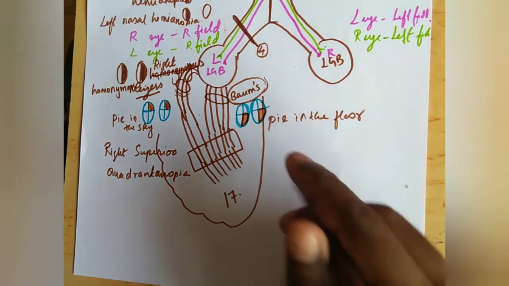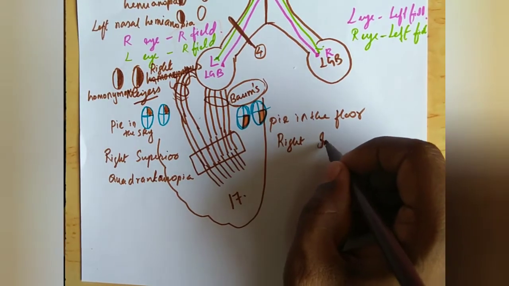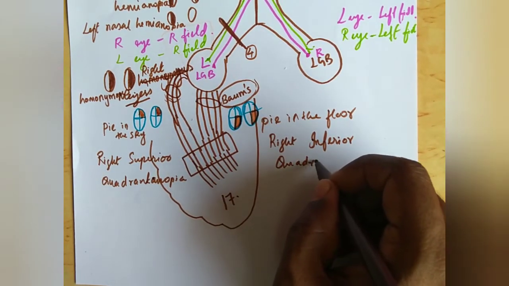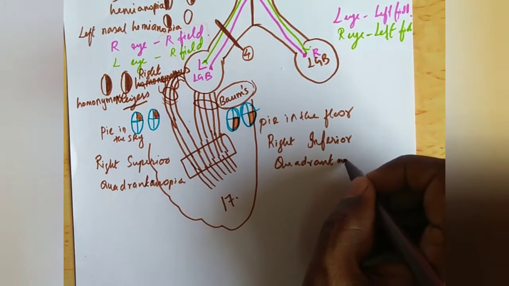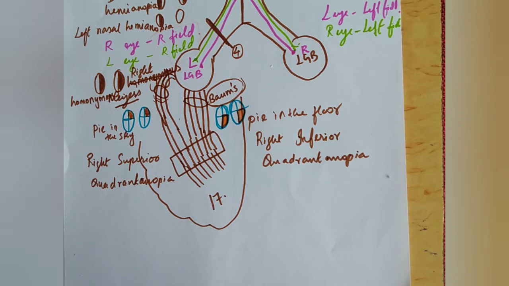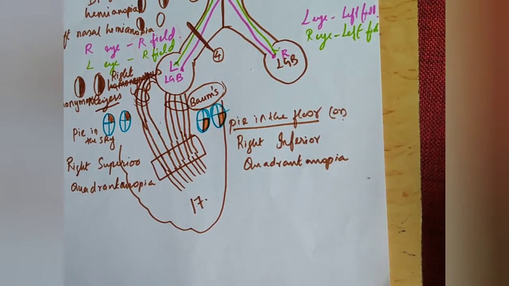Otherwise, we can call it right inferior quadrantanopia. Okay, right inferior quadrantanopia, pie in the floor or right inferior quadrantanopia.